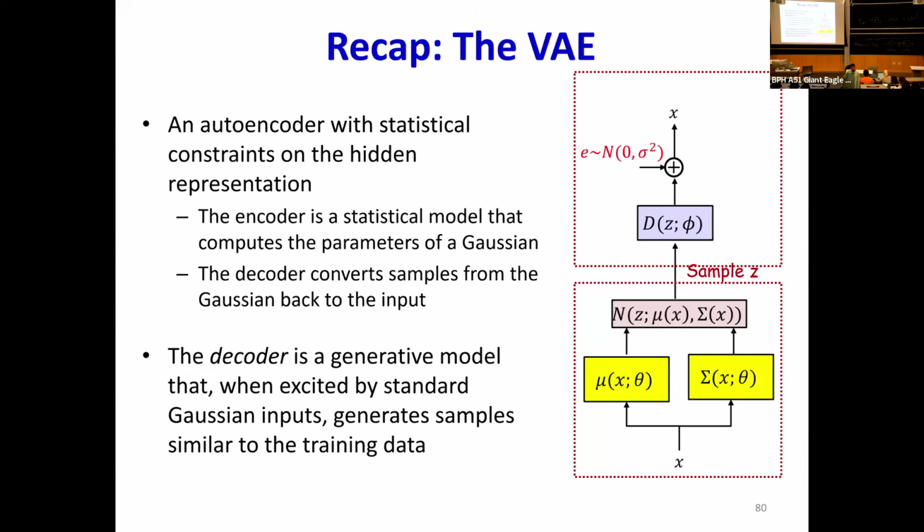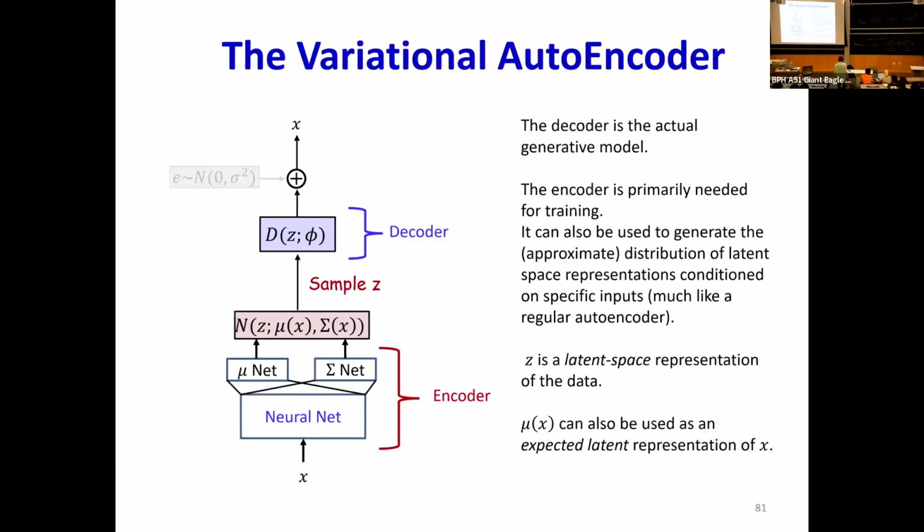You could model it as anything else. You just have to adapt the math for it. The principles still hold, right? And then the decoder converts samples from the Gaussian back to the input. And the decoder is a generative model that, when excited by samples from a standard Gaussian, gives you data from the class that you're interested in. Okay? So this is the variational autoencoder.